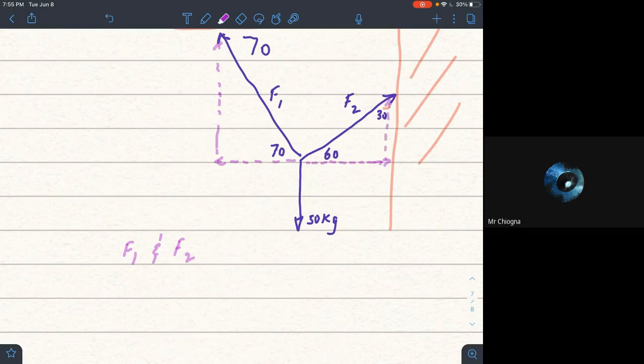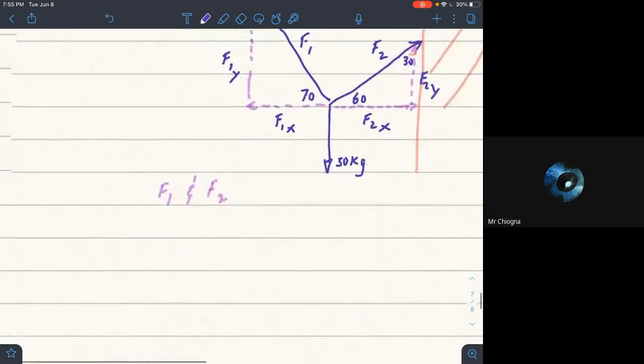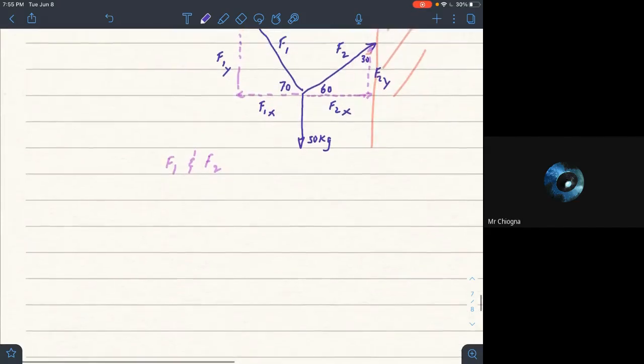You're trying to find F1x, F1y, F2x, F2y. Why are you doing that? Why are those components so important? Because it's a balancing act.